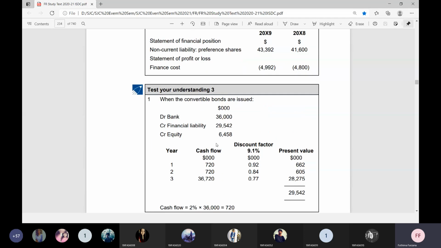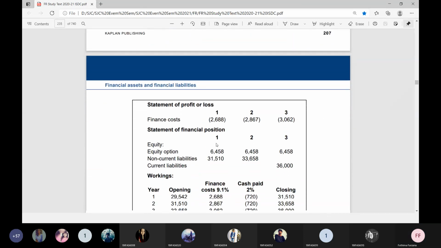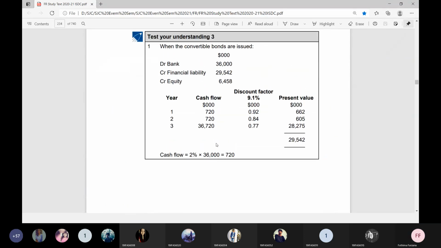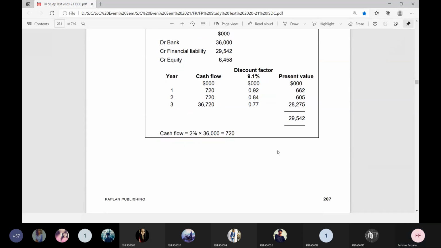This we did, TYU 2. This is like the problem which we did. Am I right? Can you see that they're borrowing 36,000? The finance liability is so much and the remaining is considered as equity. Okay, fine.